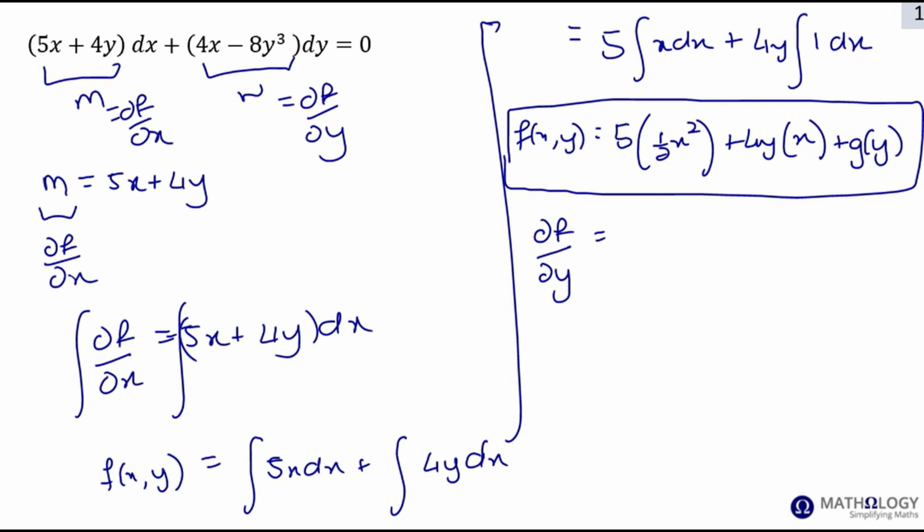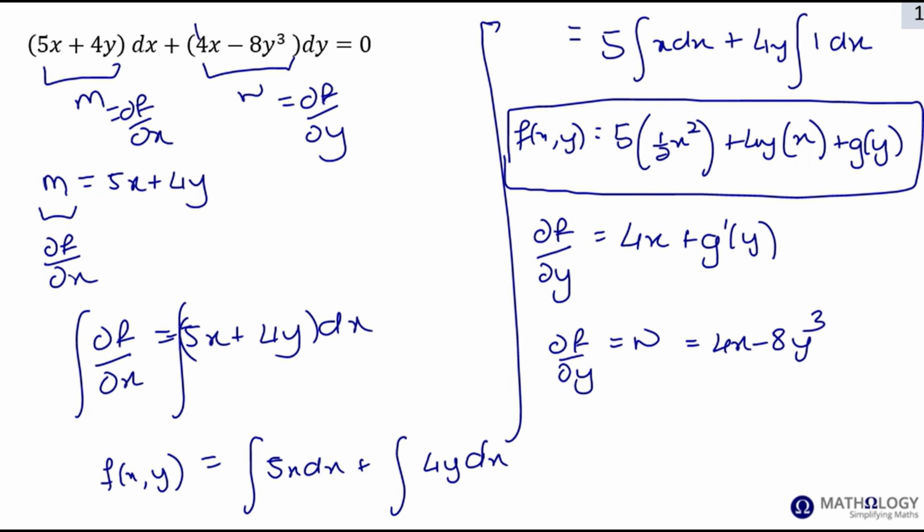The partial of 4xy with respect to y is just 4x. And the partial derivative with respect to y of g of y is just g prime of y.